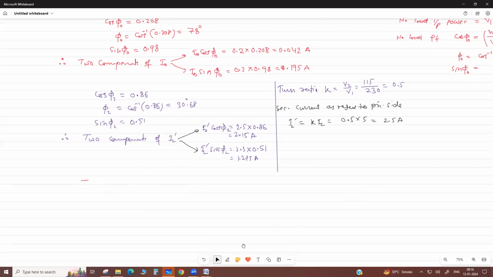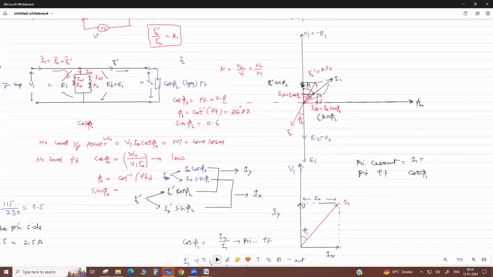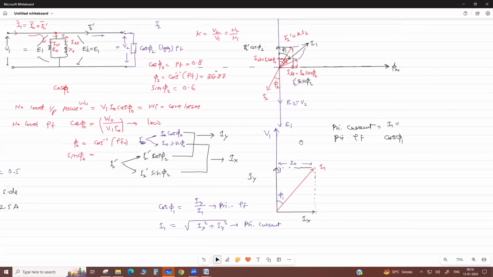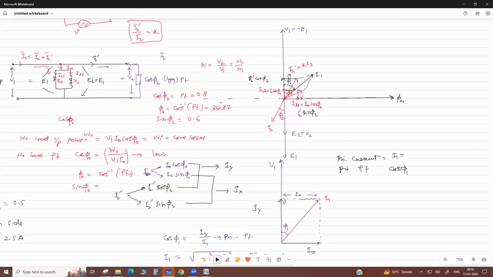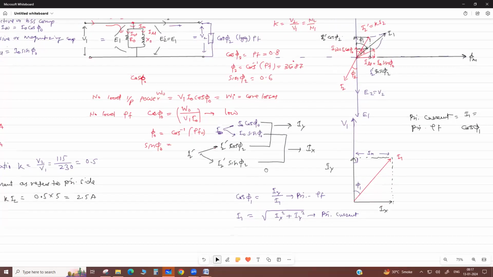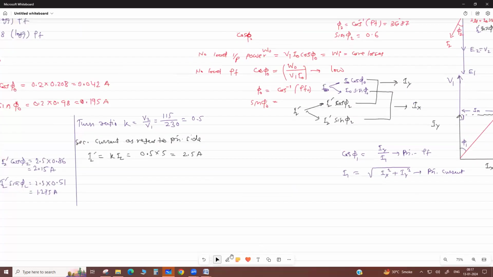And parallelly you draw this circuit. If you don't draw it, that's fine, but you require this phasor diagram. So there are two components of no load, two components of I2 dash, then I1, and now we calculate the total X1 and Y1.